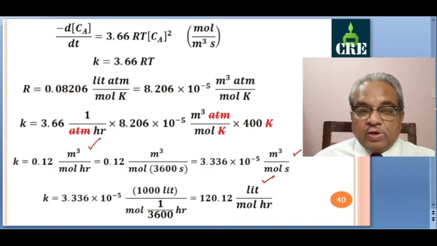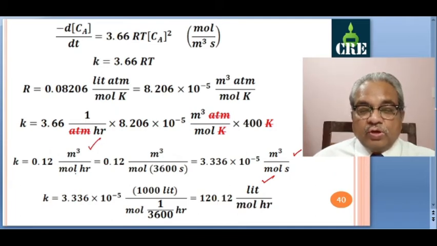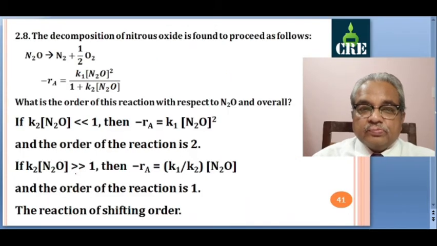So this multiplied by 1000 liter per meter cube, and for second into hours, you have to divide by 3600. So you get 120.12 liter per mole per hour. From here itself you get 120 liter per mole per hour. So this is simply the conversion of units.